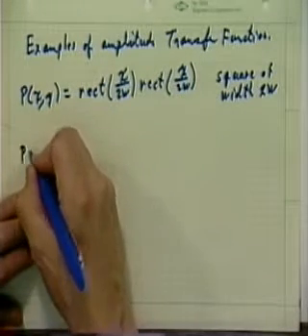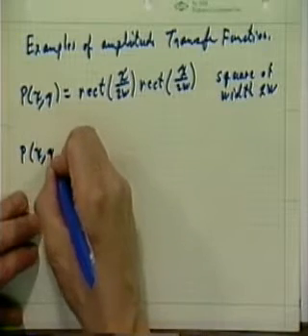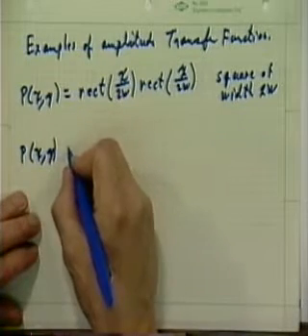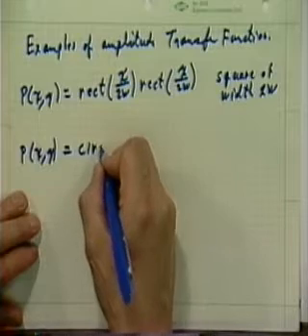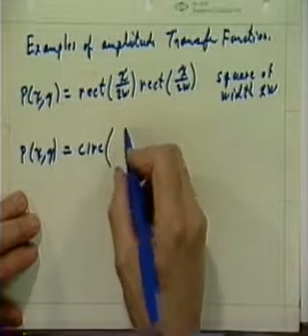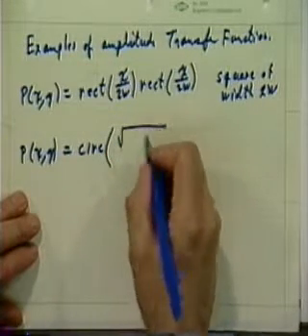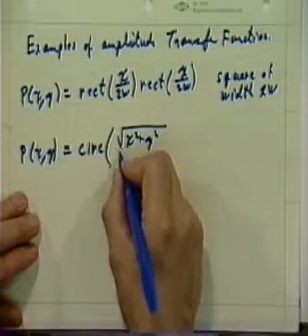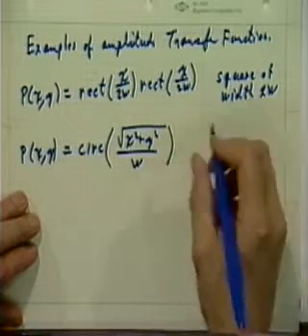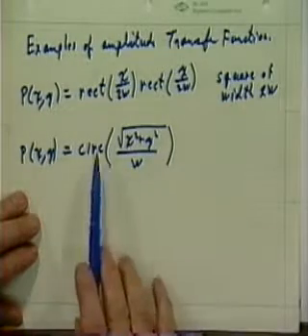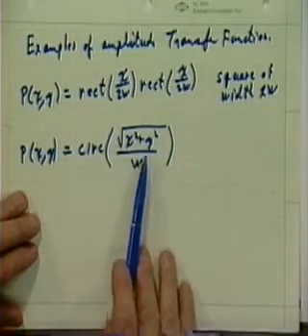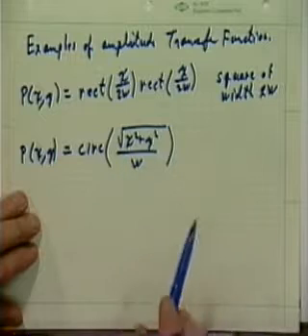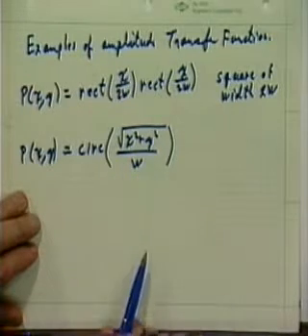And again, using Goodman's notation, we have P of x y for the circle is circ of the square root of x squared plus y squared over w. And this is equal to 1 if the argument inside is less than 1.